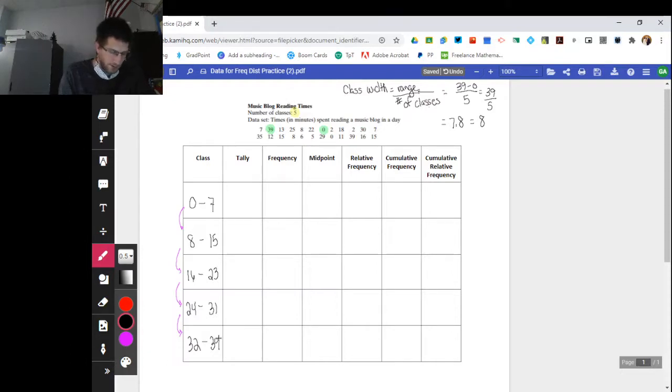For these first couple, I said we're going to go through and do tallies. So if I just say, okay, 7 is in this class here, 39 down here, and then I'll keep going until I have all of these tally marks in place.